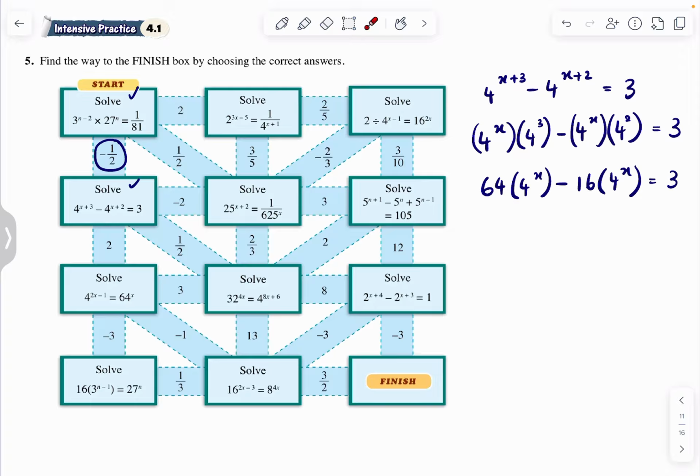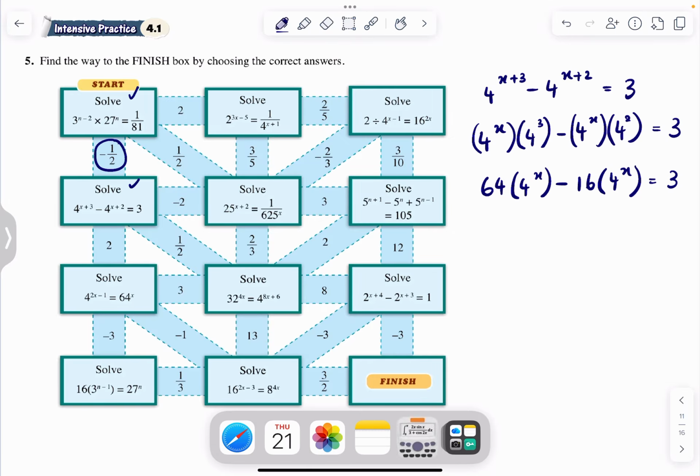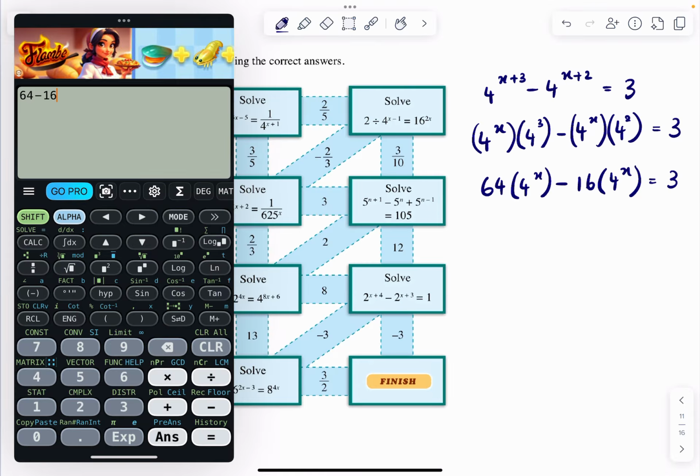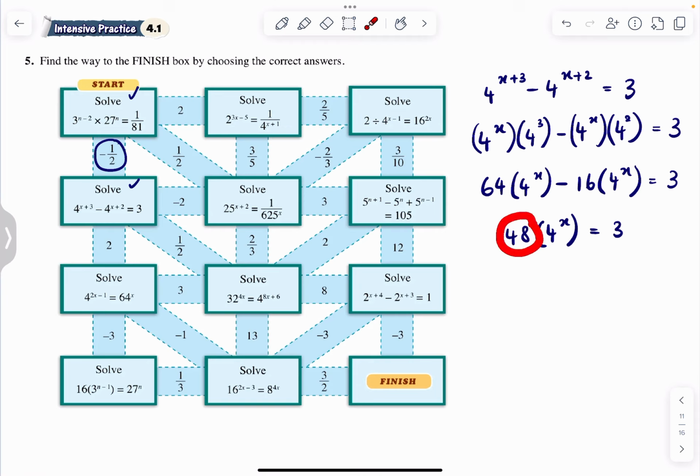So 64 oranges minus 16 oranges, we get 48 oranges. So 48 times 4 power x equals 3. And then this we can bring here, become divide.